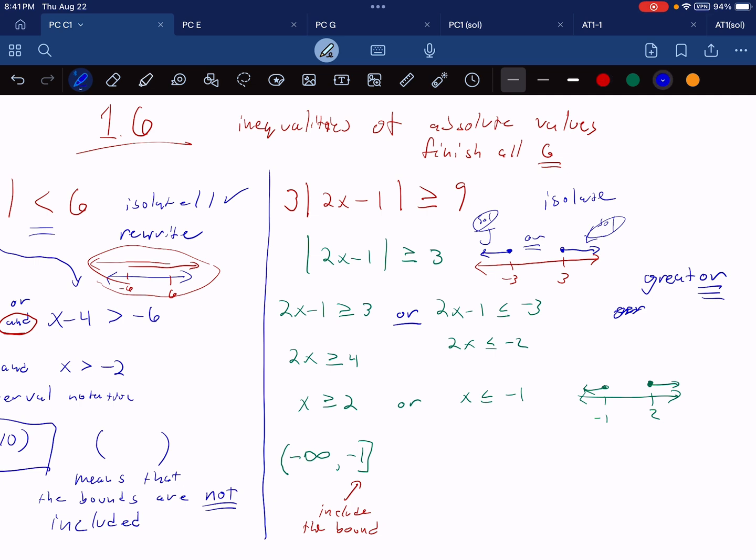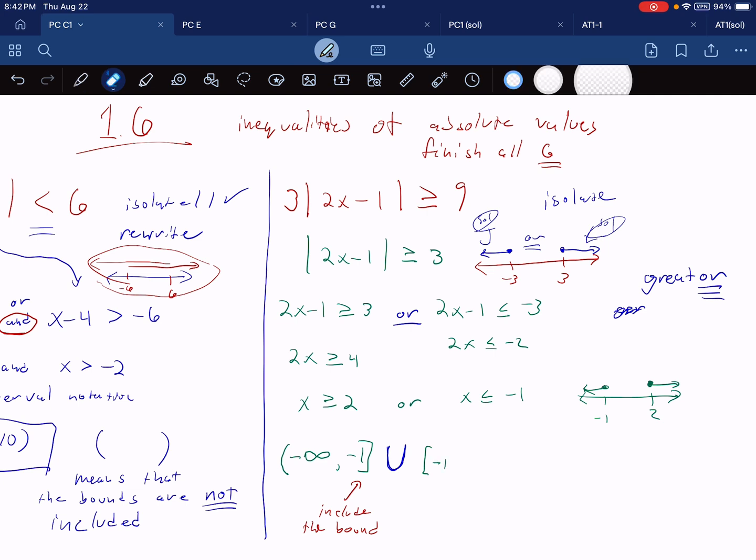Now, I can either write the word or, that's fine. I will allow you to write the word or, there's another option. There's another symbol. If you don't do or, you can also just do this symbol, which is called the union symbol, which is just a kind of an exaggerated U. So if you do the union symbol, that works, or the word or also works. Oh, no, sorry.